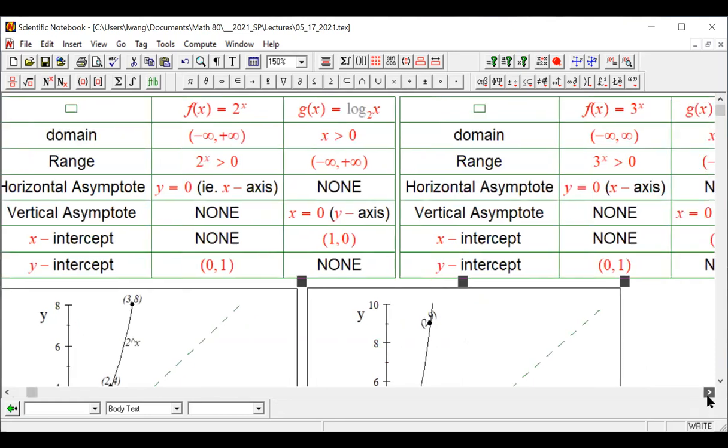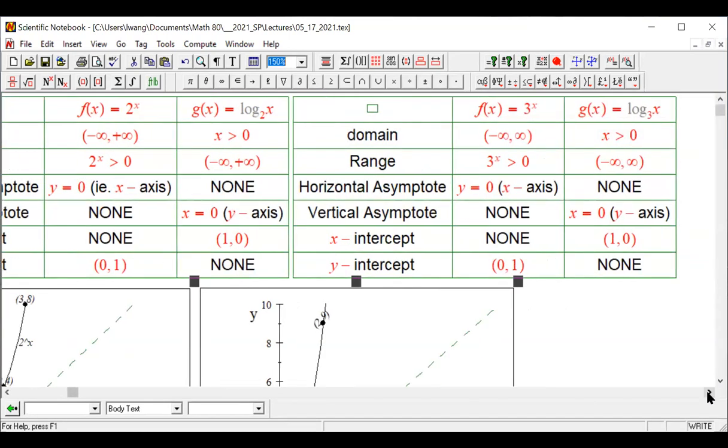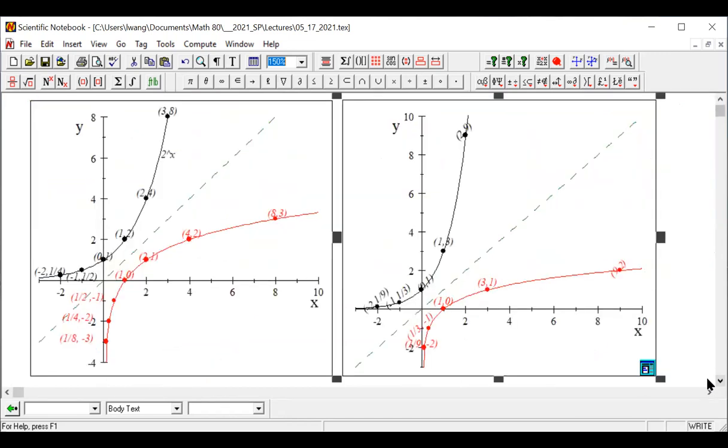What do you see? Anybody want to make some comments? They're very similar, right?